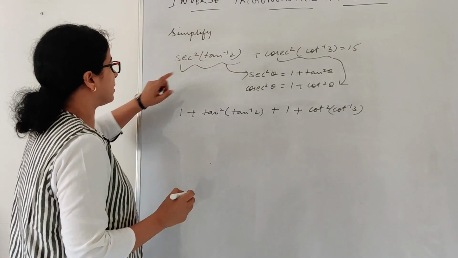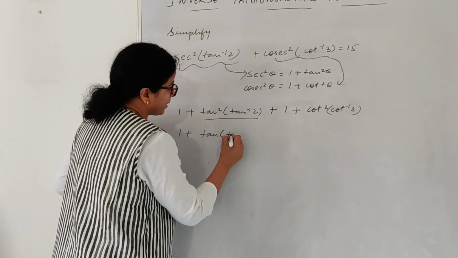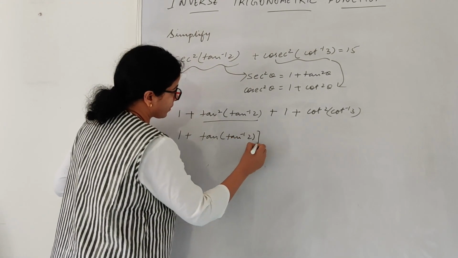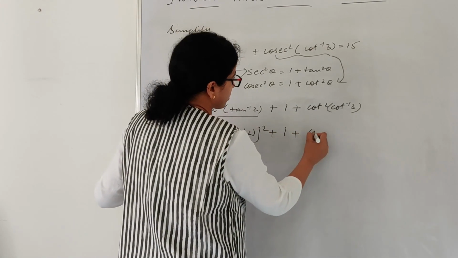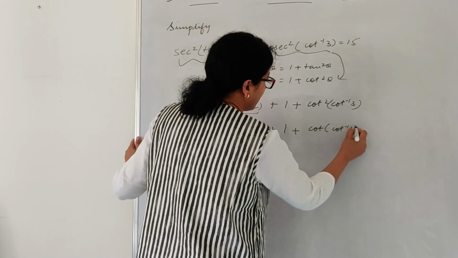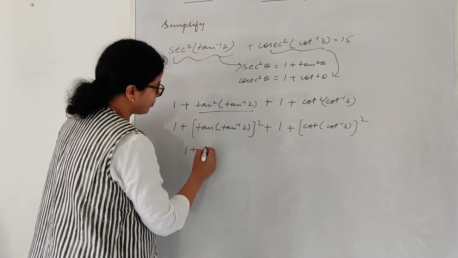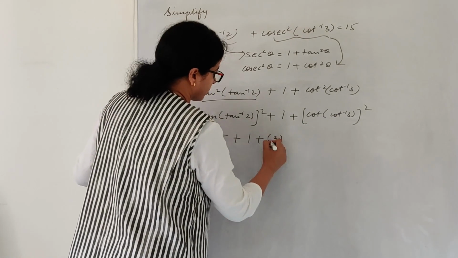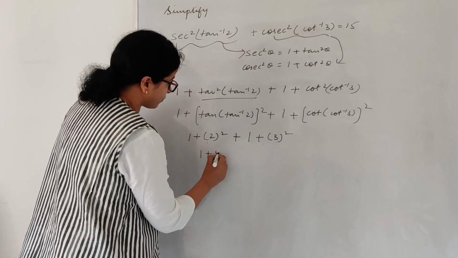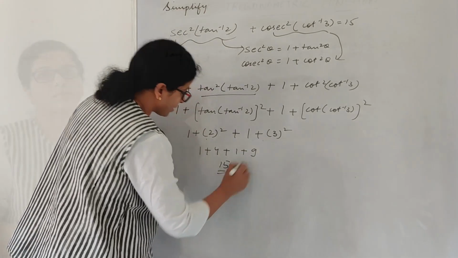Is that clear? So 1 plus (tan(tan⁻¹ 2))², similarly 1 plus (cot(cot⁻¹ 3))². So 1 plus tan of tan inverse becomes 2 squared, plus 1 plus cot of cot inverse becomes 3 squared. So 1 plus 4 plus 1 plus 9. So 15 is my required answer.